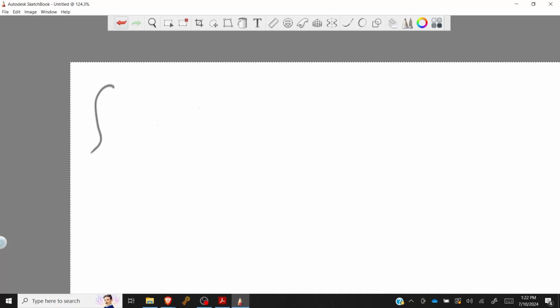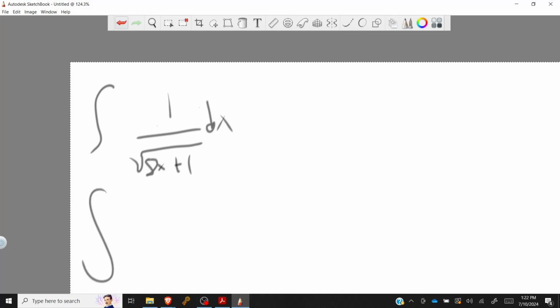And then lastly, it looks like square root 8x plus 1 dx. If we did do integration by parts, it'd be 1 times this, or this would just all be to the negative 1/2. So I would just definitely do a u sub here of 8x plus 1, du equals 8.